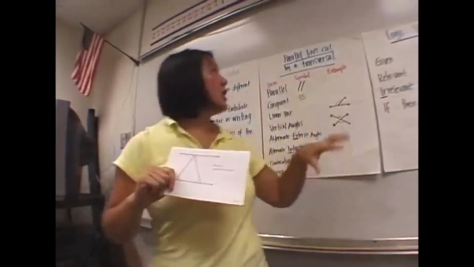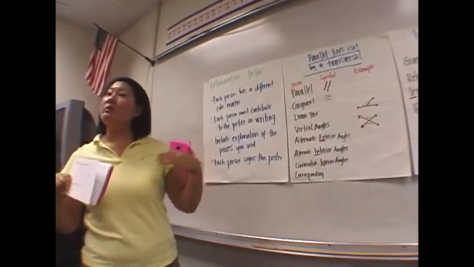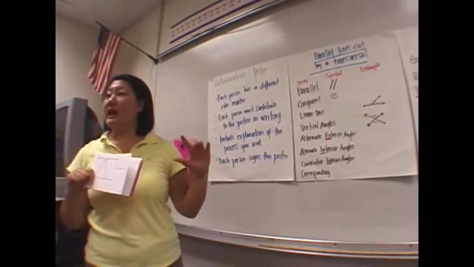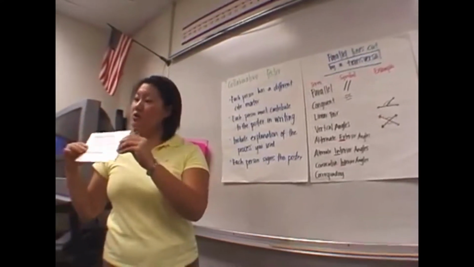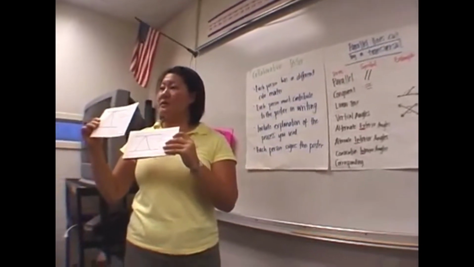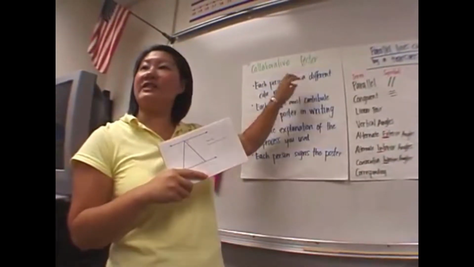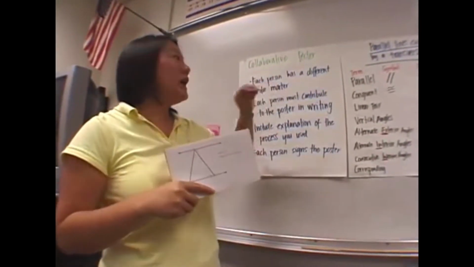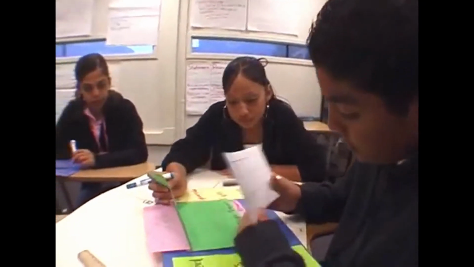We're going to be working on the collaborative poster that we've done before. Let me remind you the process of the collaborative poster. I will be giving each group a card with a prompt on it. Each person will have a different color marker. Each person must contribute to the poster in writing.